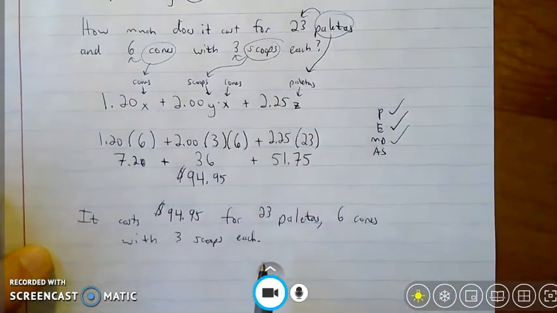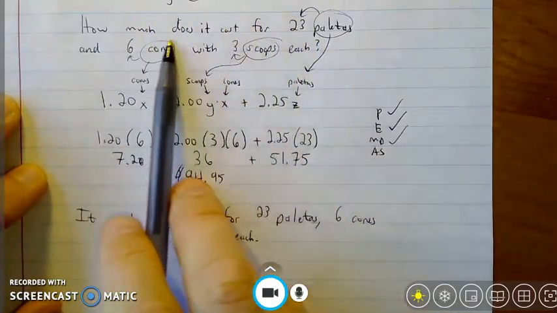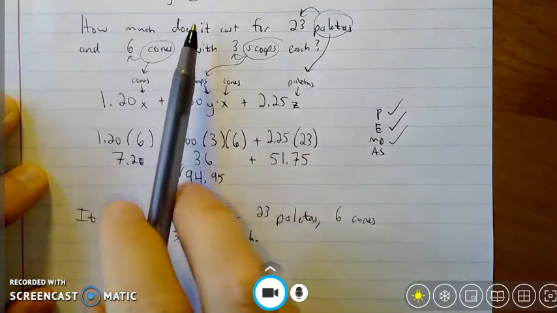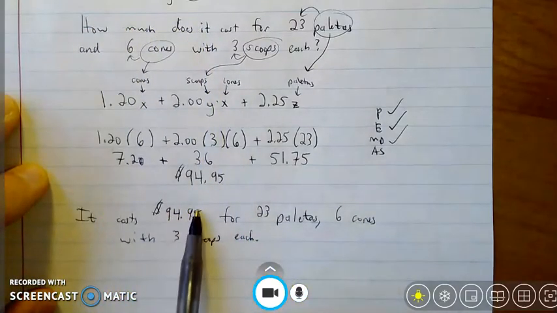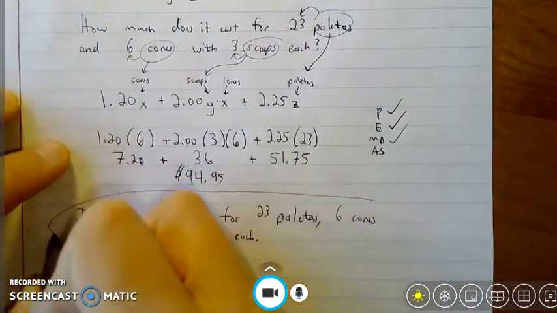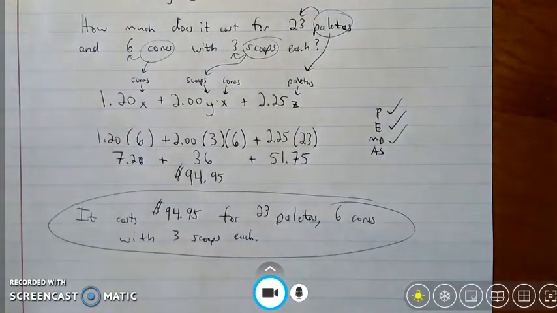So hopefully the context should be pretty easy, because all you got to do is look at what question is it asking me, and instead of the question like how much, now that you know how much, you put in that value that you found and you just finish with the rest of the question. So that is our final answer, and that's how we evaluate expressions with more than one variable.